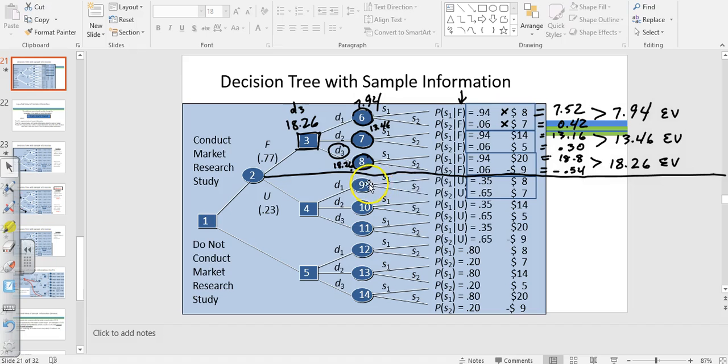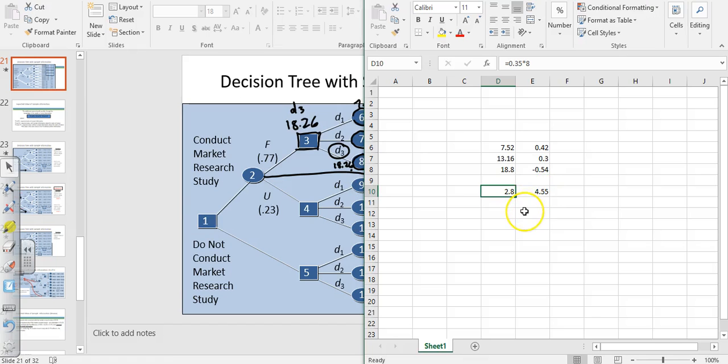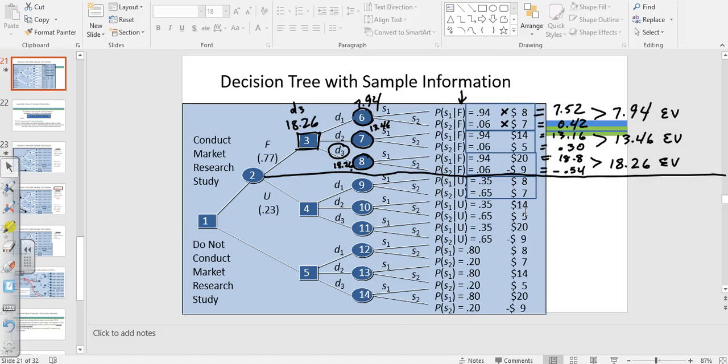We add all the states of nature together. Okay. So we have 2.8 and 4.55. And that gets us 7.43. Hope there aren't any mistakes, or I'm going to have to clean this up later.